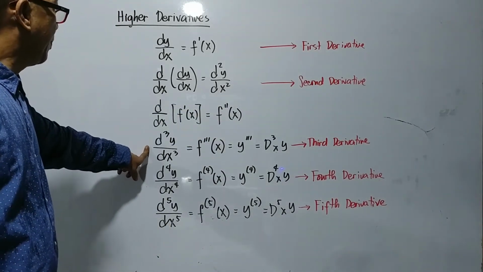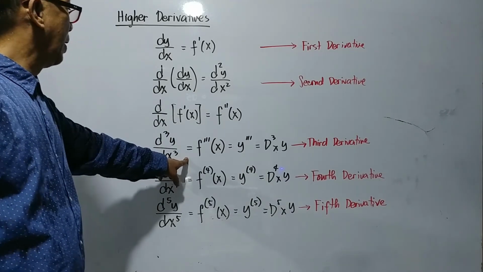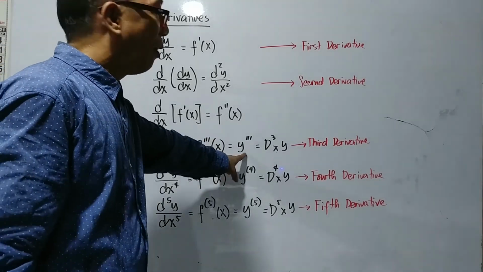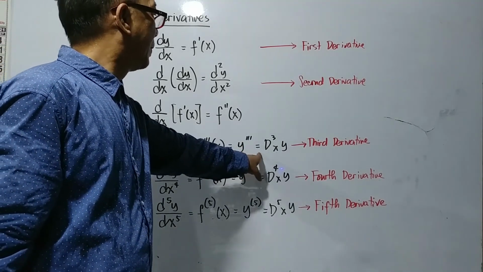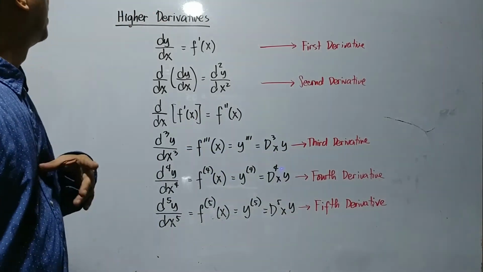For the third derivative, we have d cubed y over dx cubed, which is f triple prime of x. That is the third derivative, and so on and so forth.